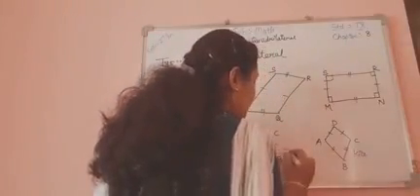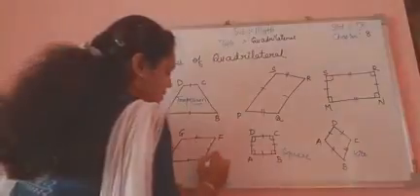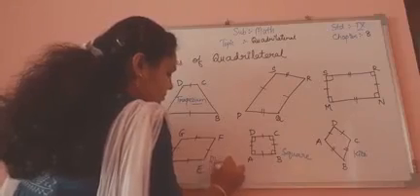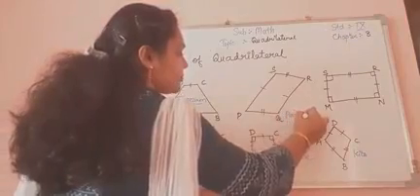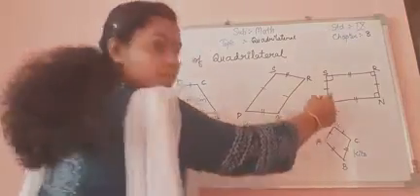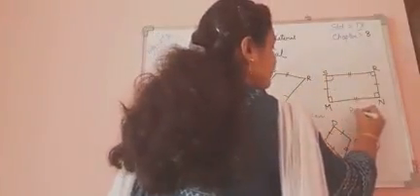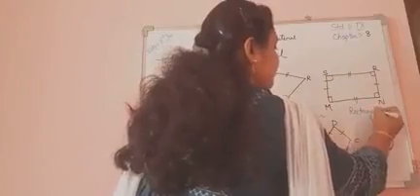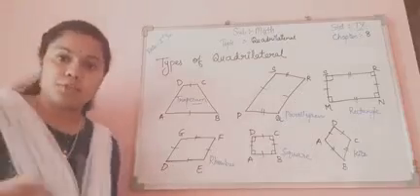This is a square. This is a rhombus. Parallelogram. Rectangle. So this much is clear for you all.